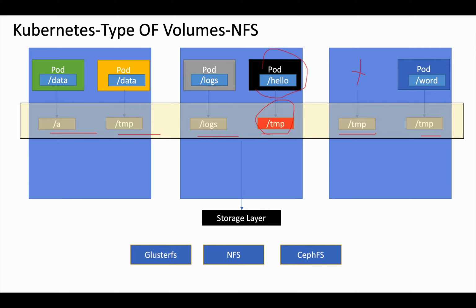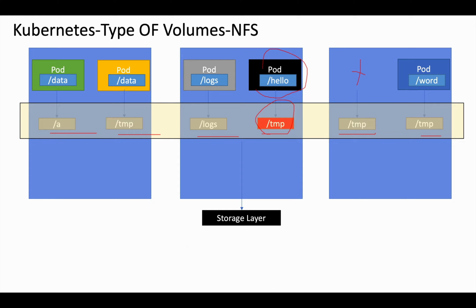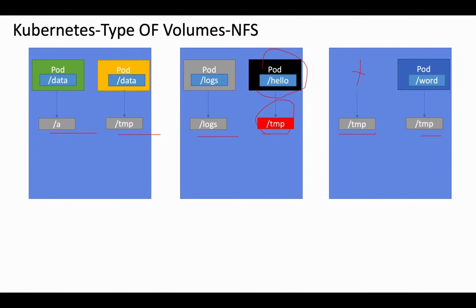Ephemeral volume types have a lifetime of a pod, but persistent volumes exist beyond the lifetime of a pod. When a pod ceases to exist, Kubernetes destroys ephemeral volumes. However, Kubernetes does not destroy persistent volumes. For any kind of volume in a given pod, data is preserved across a container restart.